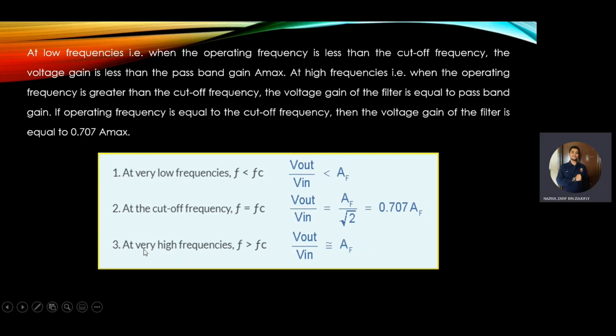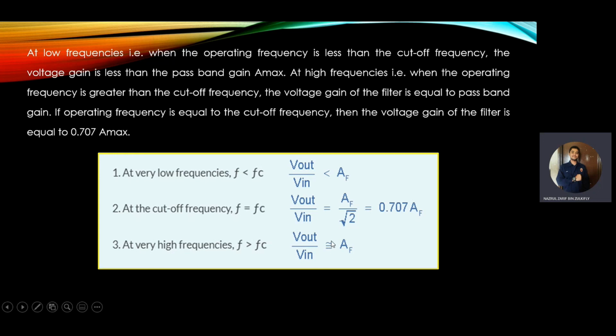It says here that at a very high frequency, if the input frequency is higher than the cutoff frequency, like just now, maybe 12 kilohertz, then the voltage gain will be approximately equal to the pass band gain, which just now is 11.